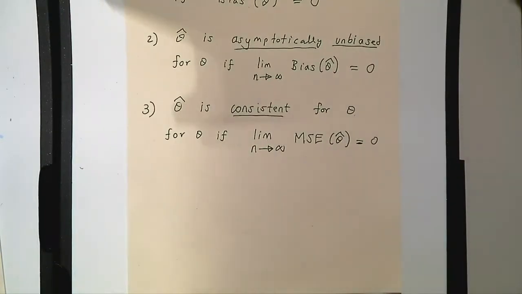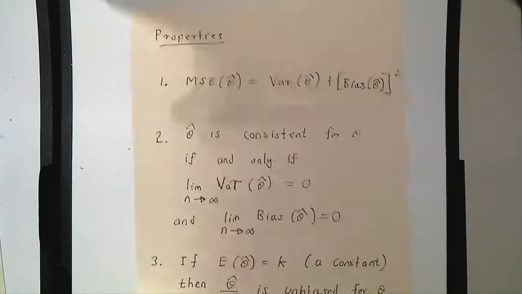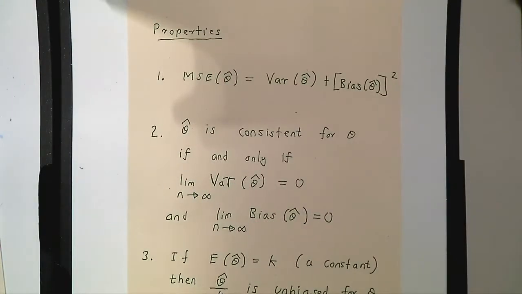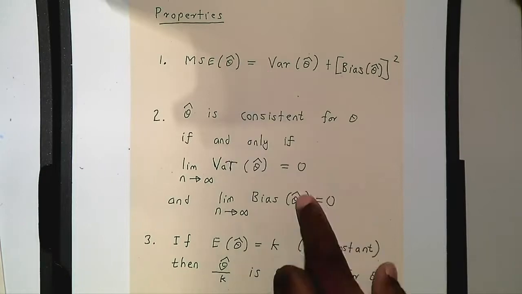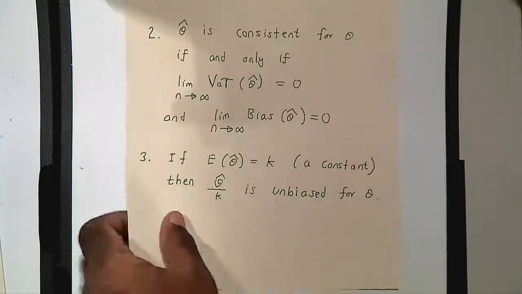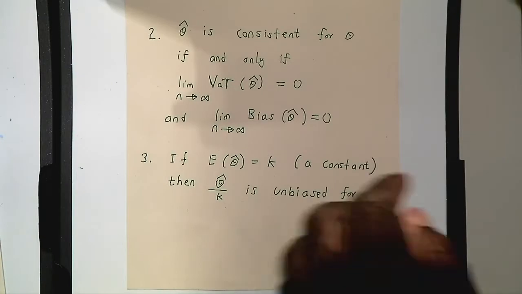Consistency means that the limit of the MSE is 0 as n approaches infinity, which is again a good thing, right? Then I listed 3 properties. The first property, I have already proved. The second, I have already proved. The third one, I will prove today, right?